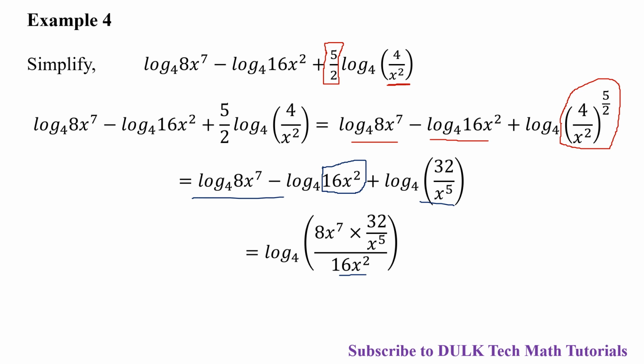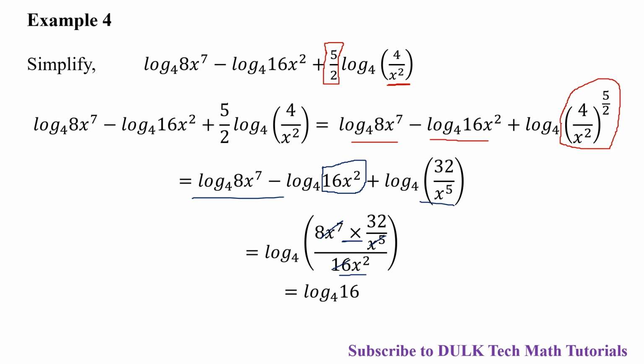So since they are adding, we are multiplying here. Now let's simplify this. If we simplify this, this one will give us x to the power 2. Then we remain with this one, with the 32 by 8x squared.